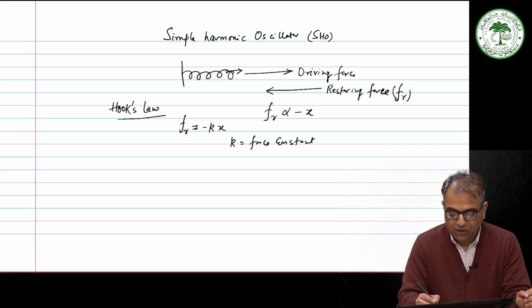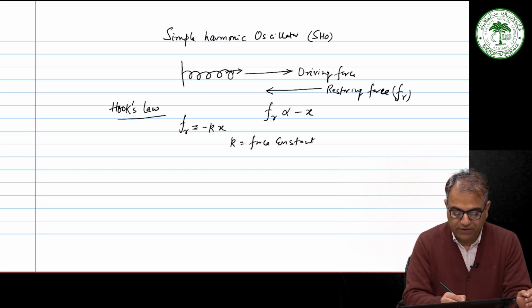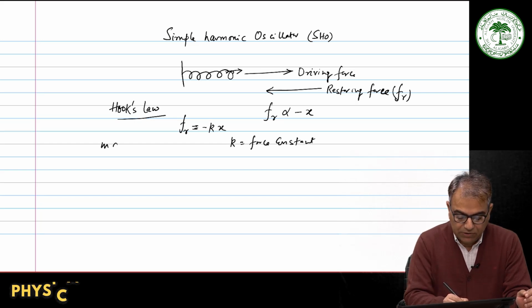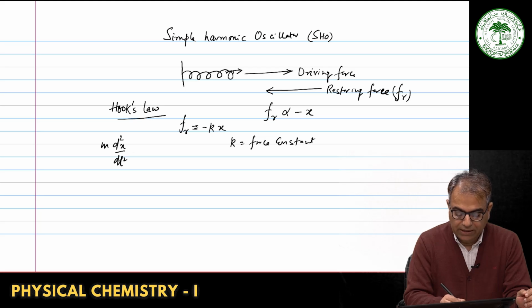Okay. Now, since force is mass into acceleration, what you can write is m d square x by dt square equal to minus k x, and then you can write d square x by dt square equal to minus k over m into x. Sorry, m I have brought to this side. Okay. So, this we can write.